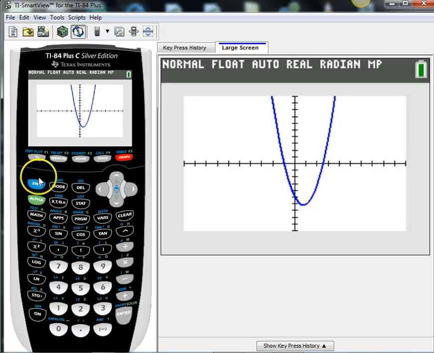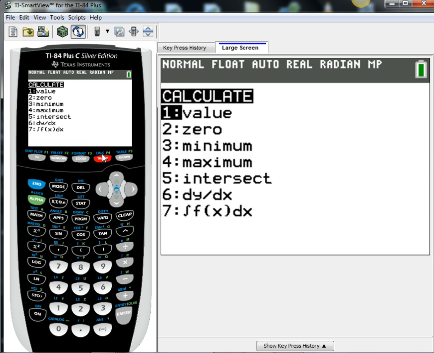I'm going to hit the 2nd key, and that's right above the green alphabet key, and I'm going to hit trace. But I don't want to trace the curve. I want to get the calculate feature. What am I trying to calculate? I am trying to calculate the 0. So I'm going to hit a 2.